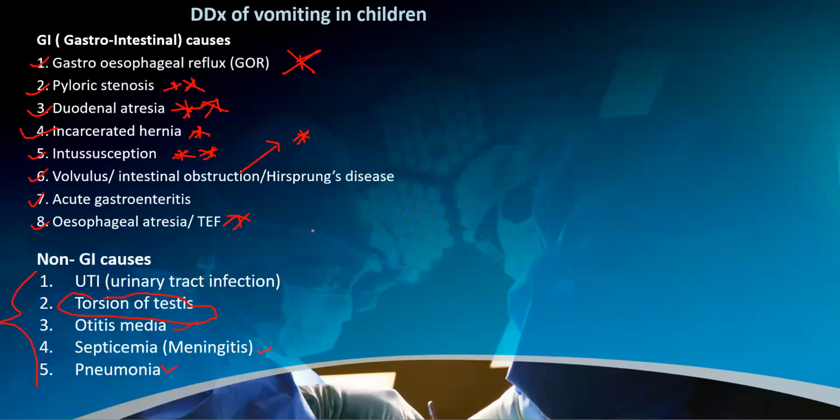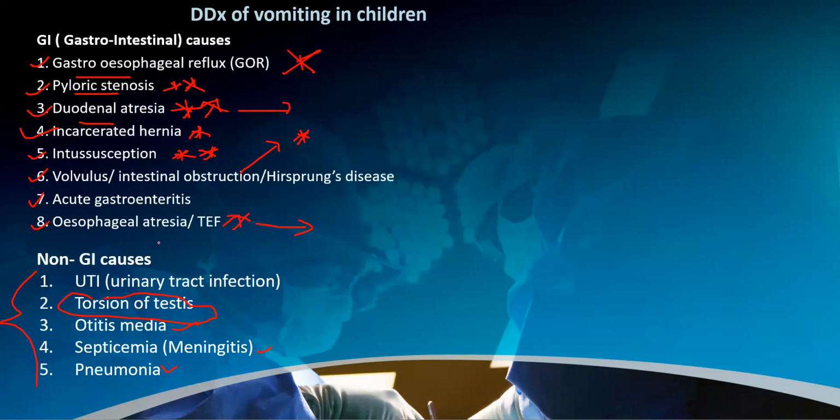Now, if you go back to the differential, for reflux, the only thing that you will get is vomiting. Pyloric stenosis, forceful projectile vomiting. Duodenal atresia usually presents just after birth. Same with esophageal atresia, presents with vomiting just after birth. So it's very unlikely to get it after 2 to 3 weeks.